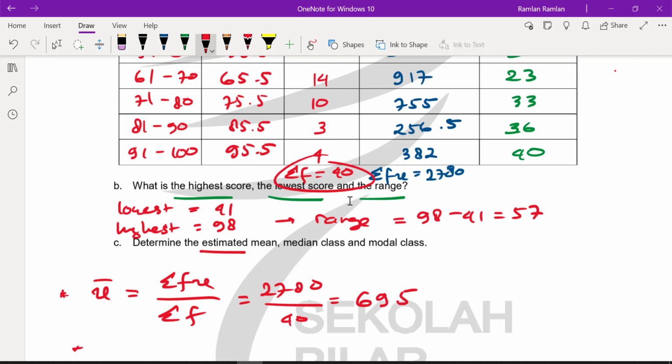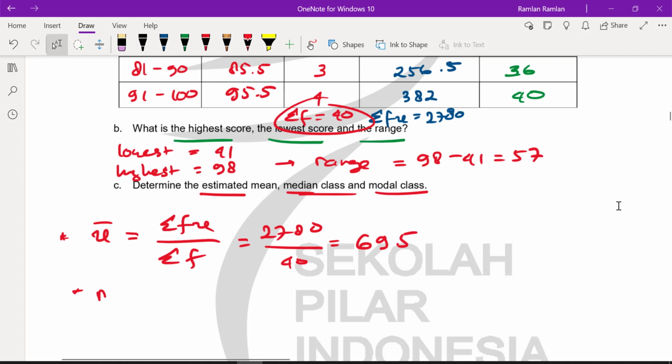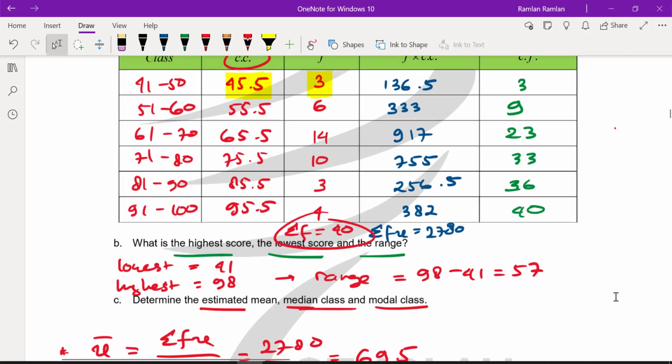And then the next ones are the median class and the modal class. I'm going to go to the modal class first because that's easier. The modal class is the class which has the highest frequency, and the highest frequency in this grouped distribution table is over here, right?